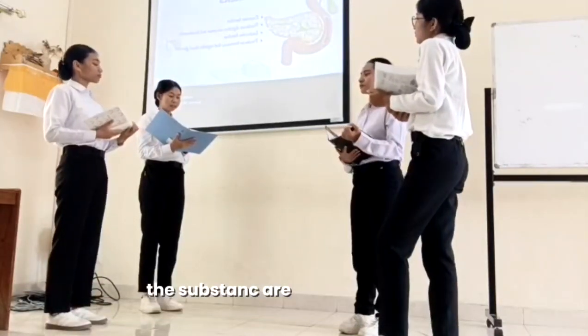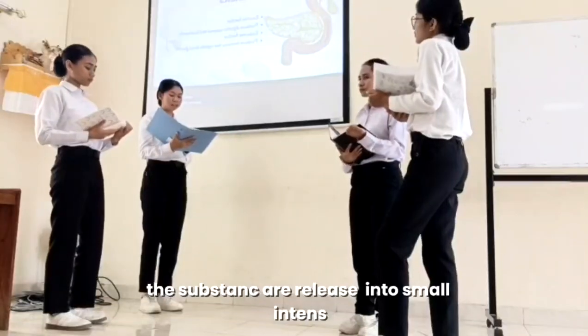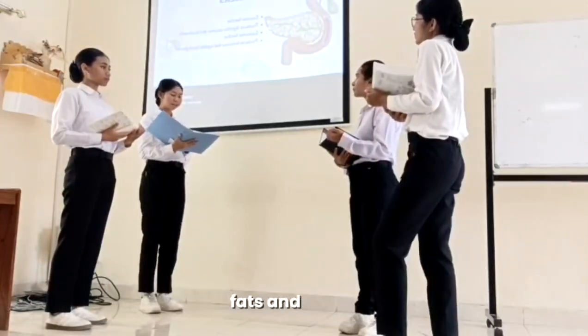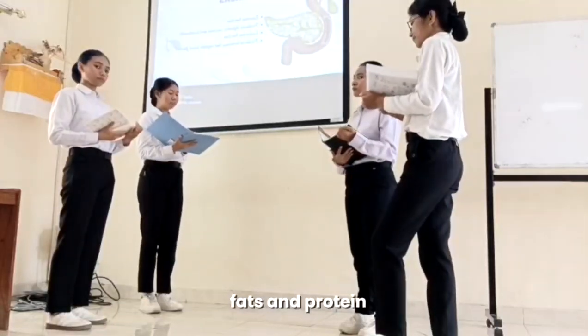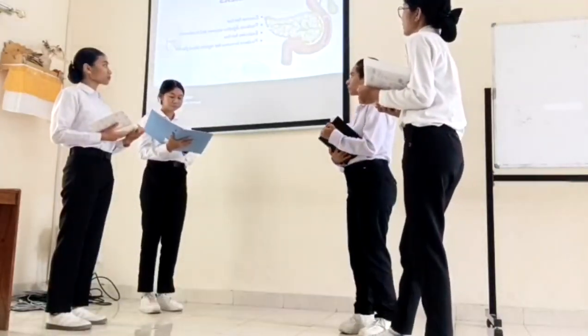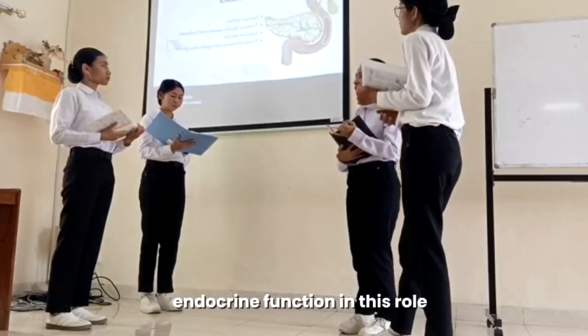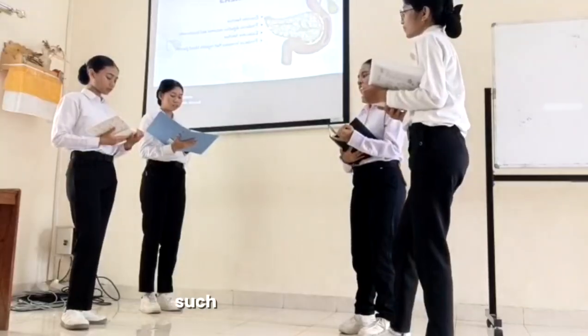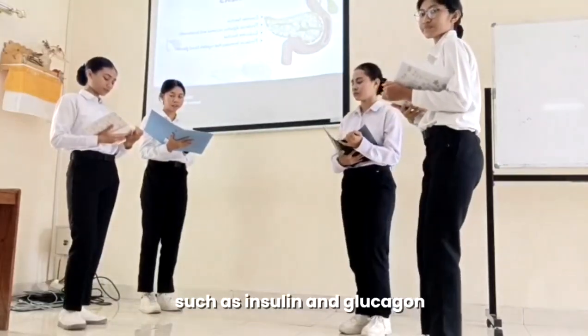These substances are released into the small intestine and help break down carbohydrates, fats, and proteins. The second one is the endocrine function. In this role, the pancreas produces important hormones such as insulin and glucagon.